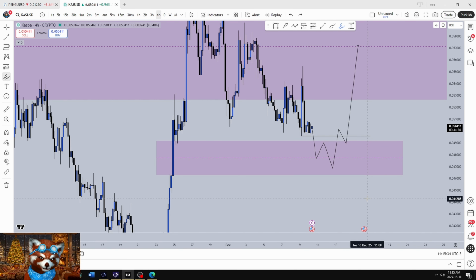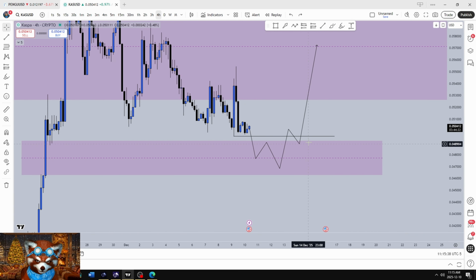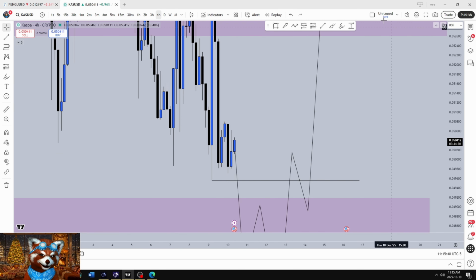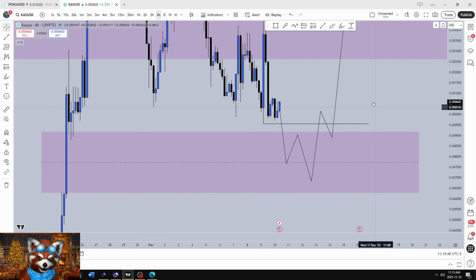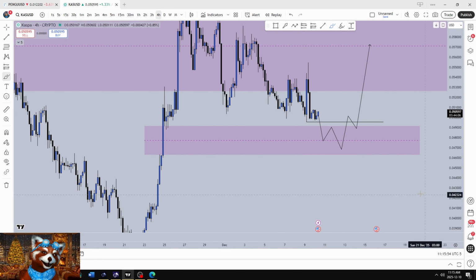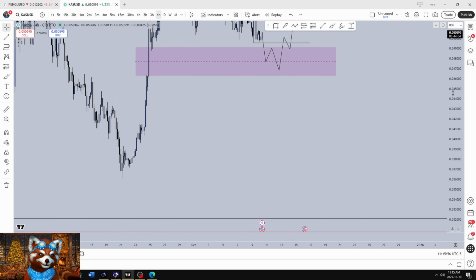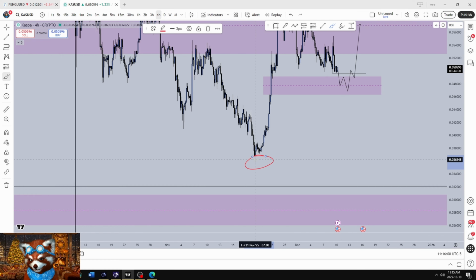Now we always have to make sure we are looking at how price is reacting to this zone, because if we get two candles that are like this and like this, that are strong momentum to the downside candles, then most likely we are going to break right through it, close below, and then most likely give us a stronger push to the downside. And then it is a possibility of liquidity being swept.